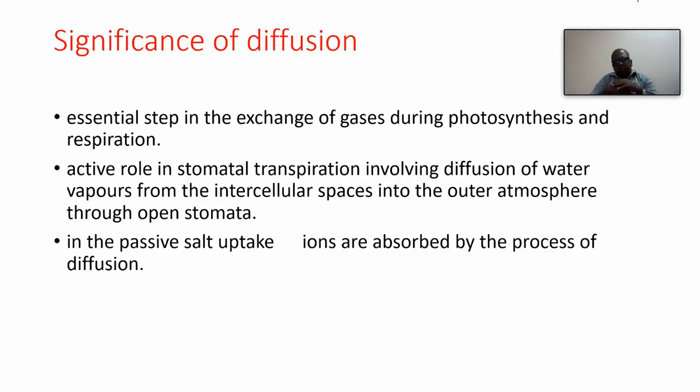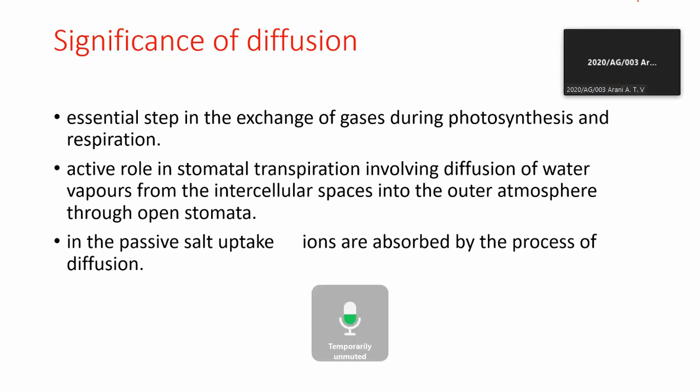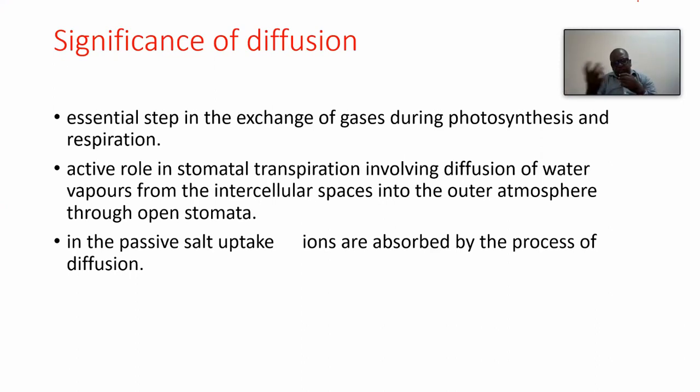So what is the significance of diffusion? During photosynthesis and respiration, gas exchange takes place due to diffusion. What are the gases exchanged in photosynthesis? CO2 and oxygen. And in respiration?